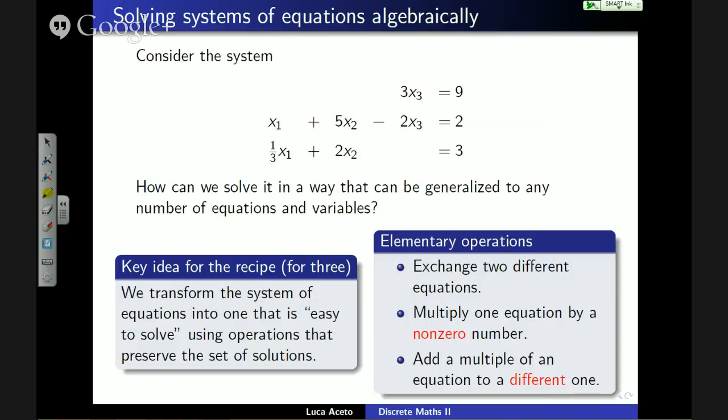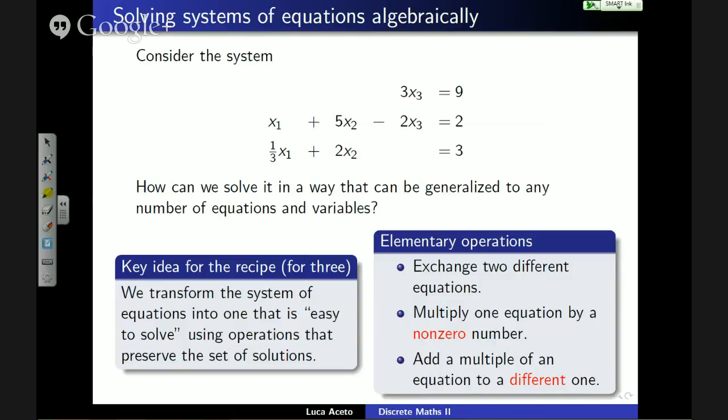Now, two questions. I claimed that this should not change the set of solutions. Second question, why is there this non-zero number in red? Or at least non-zero is in red, or it should be. I'm colorblind, amongst other things, so forgive me if I don't see red and black.